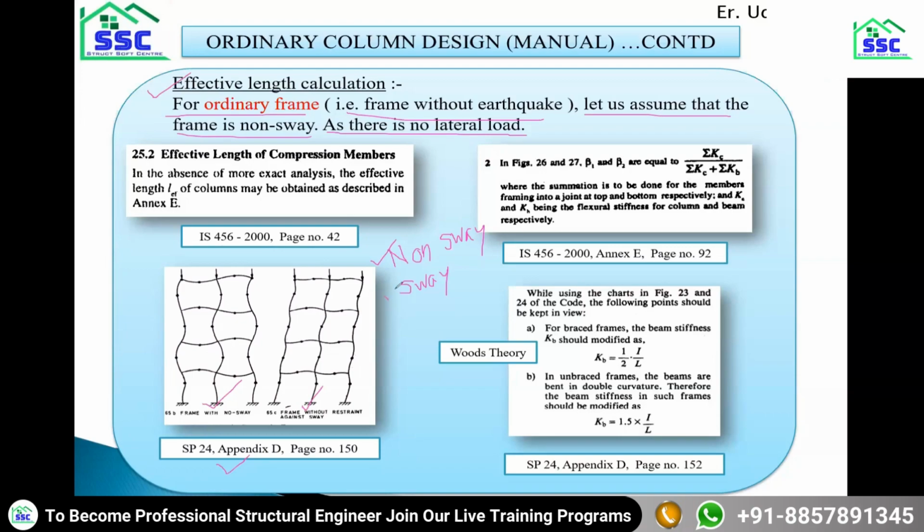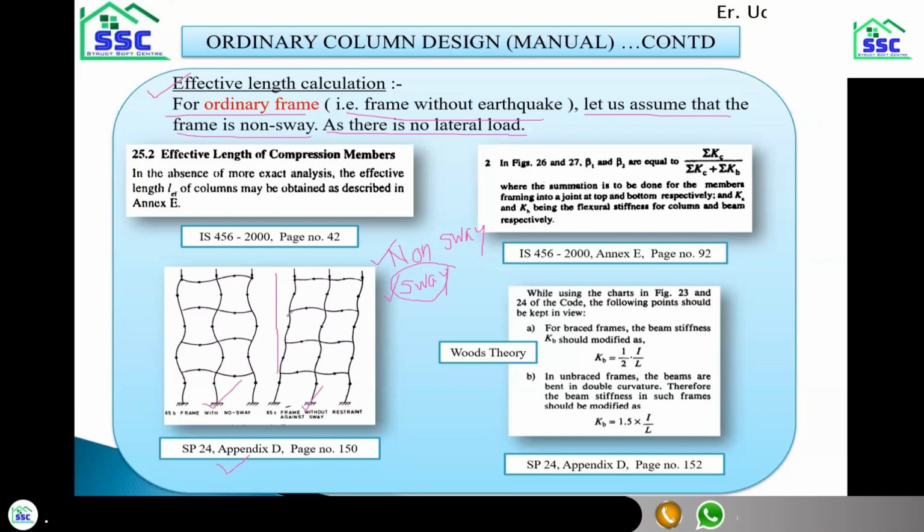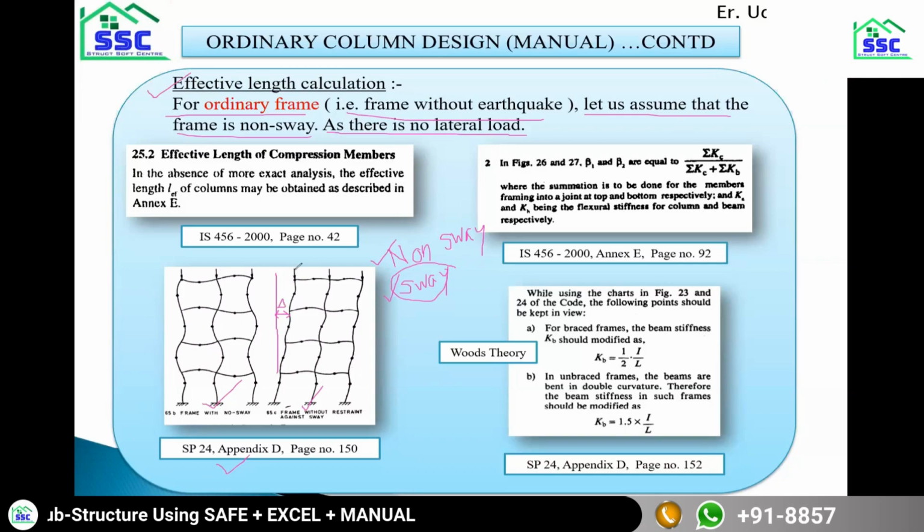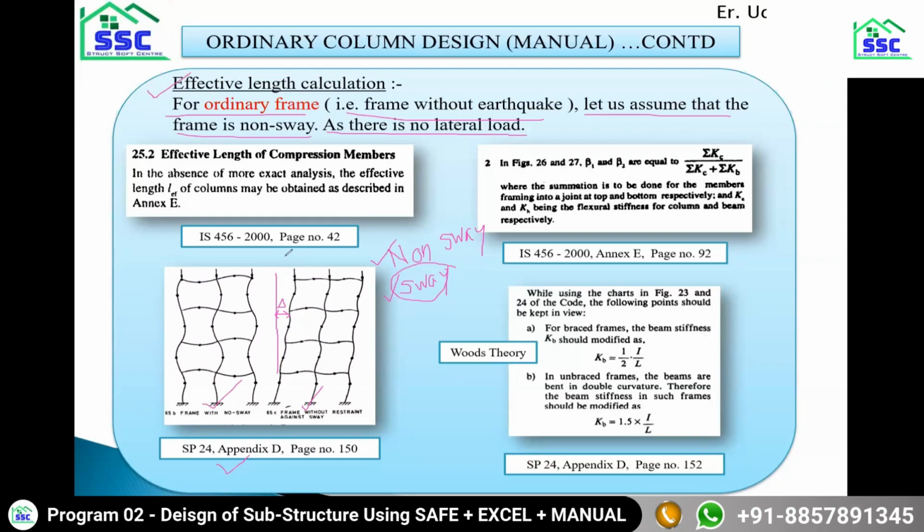What creates the problem in a sway frame is that the column itself is not in a straight line. There is a certain amount of deflection in the frame in the horizontal direction, because of which the P force will not come in a straight line up to the footing.